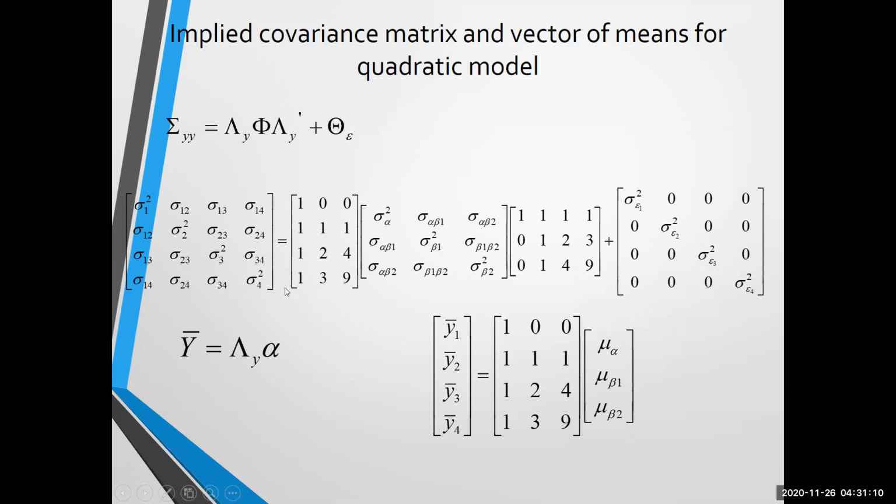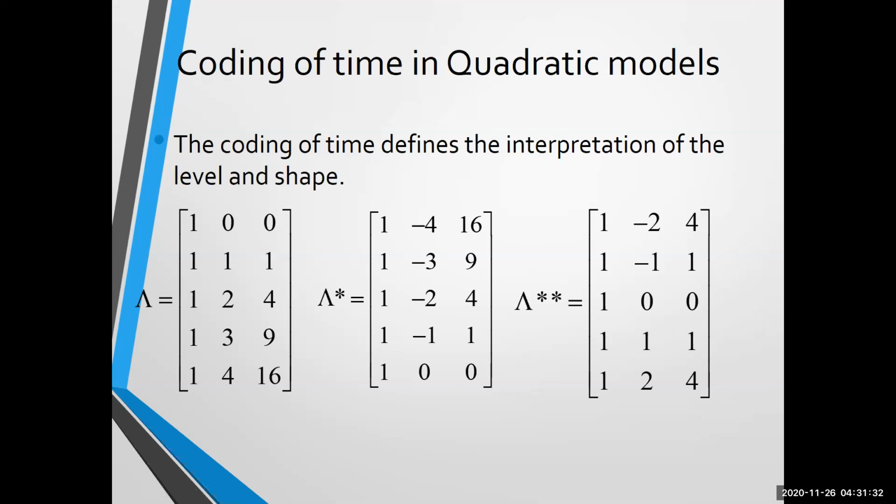Now at the bottom here, we have the mean structure. This model says that the means of the observations at each time point are a function of the factor loading matrix times the mean of the intercept, the mean of the linear shape, and the mean of the quadratic shape.